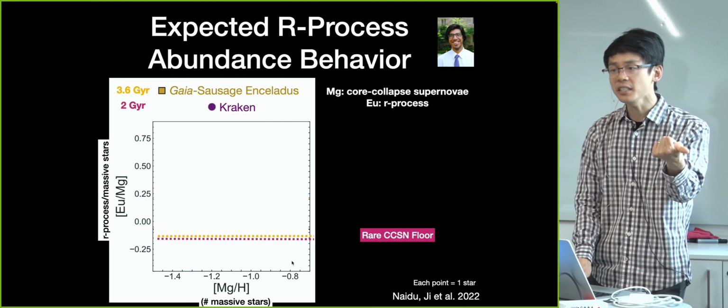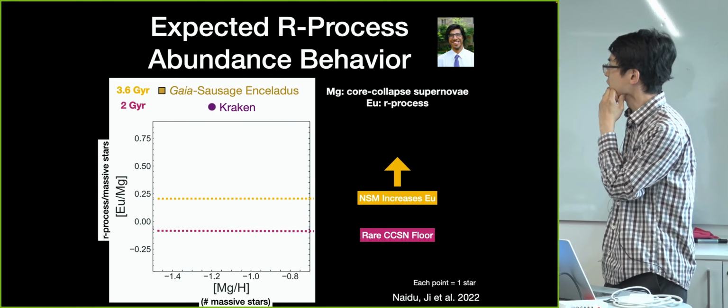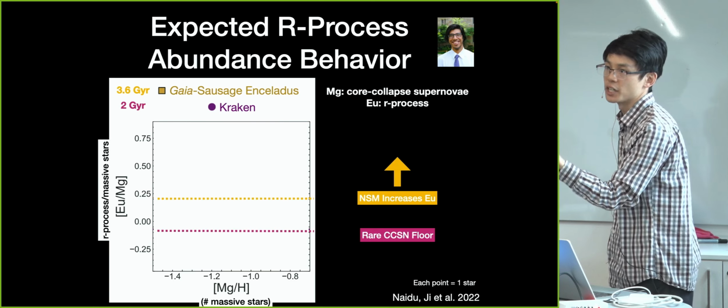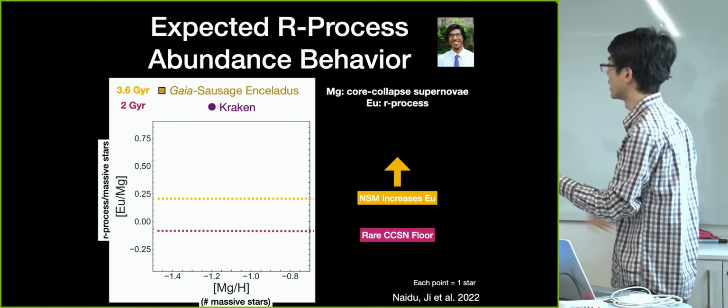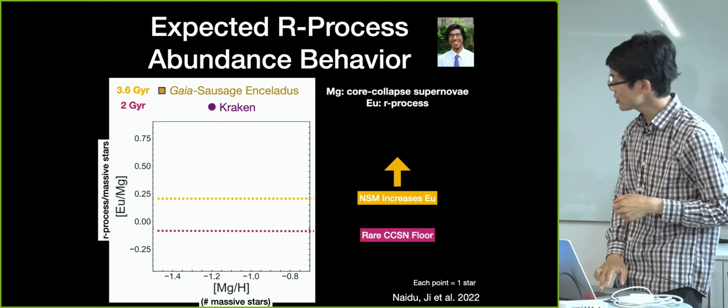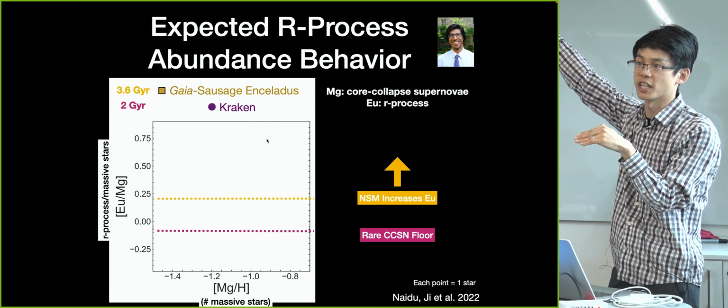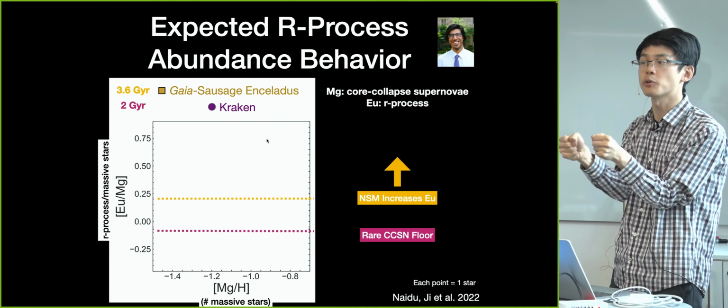On the other hand, if you have any delayed source of R process elements, if you have neutron star mergers, there will be a difference in the europium to magnesium ratio for these two different systems, right? And this is a subtle thing, because these two systems will eventually produce the same amount of R process, but a different amount of it gets captured into stars.